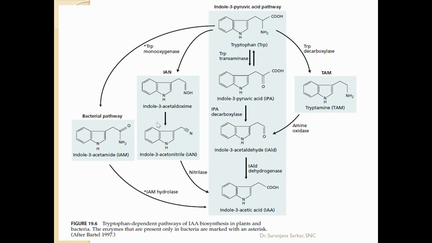There is another pathway, that is the bacterial pathway. Here, from tryptophan, indole 3 acetamide is produced, and IAM hydrolase enzyme converts IAM into indole 3 acetic acid, or IAA. So, students, please go through the structures, try to remember all the steps and enzyme names, and happy reading.